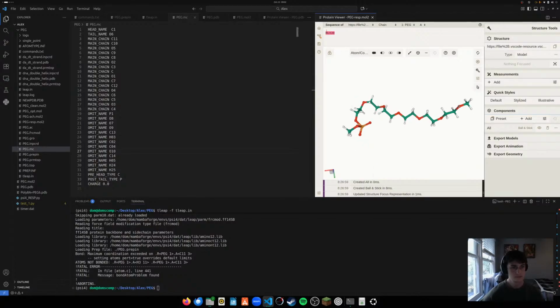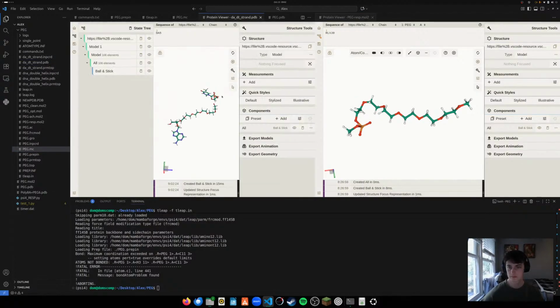If you look at this, it's supposed to be connected to the phosphate.